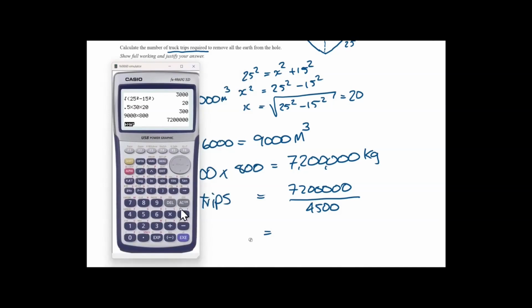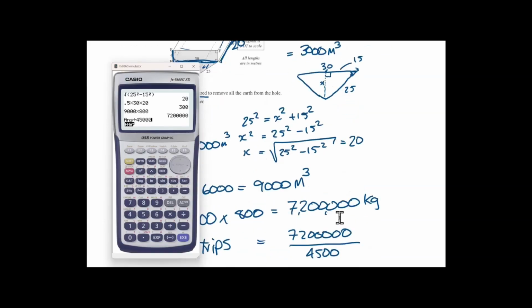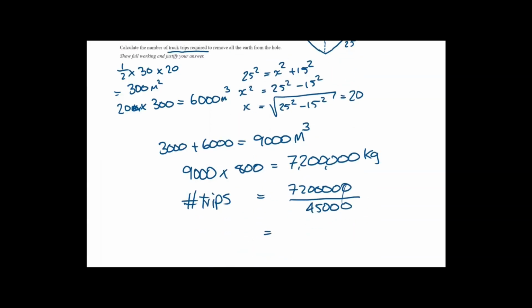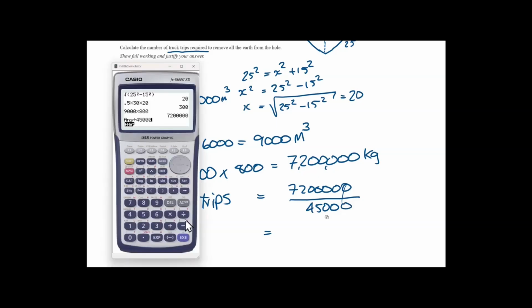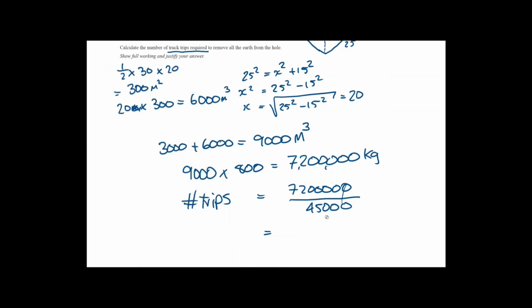And that number is, let's divide that by 45,000, isn't it? 45 tons, 45,000. Do that again. Divided by 45,000 equals, drum roll, 160. Exactly. 160 truckloads.